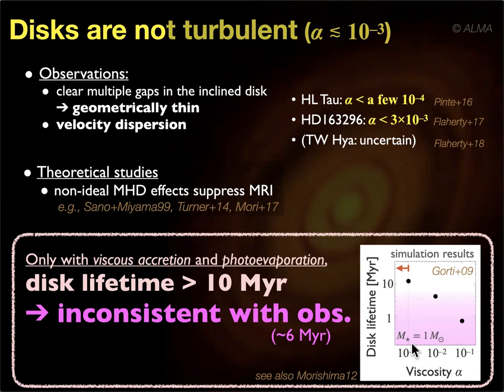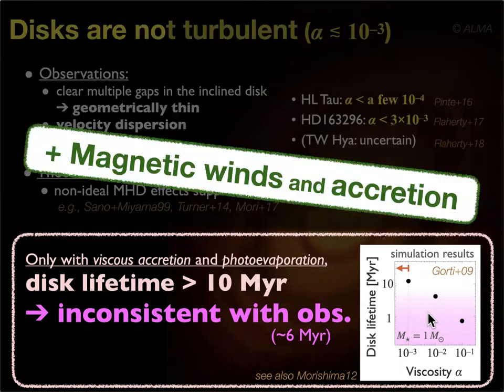And with alpha less than 10 to the minus 3, the disk lifetime exceeds 10 million years. So we need additional input physics, and we examine the MHD effects which are not considered in the classical picture, namely magnetic winds and magnetic accretion.